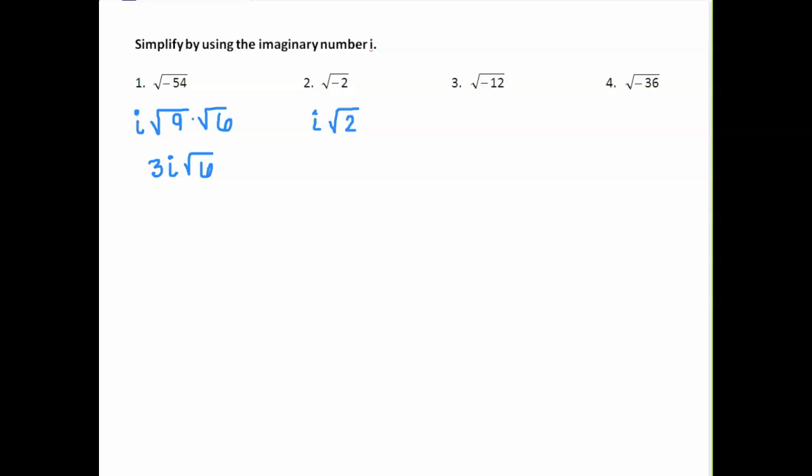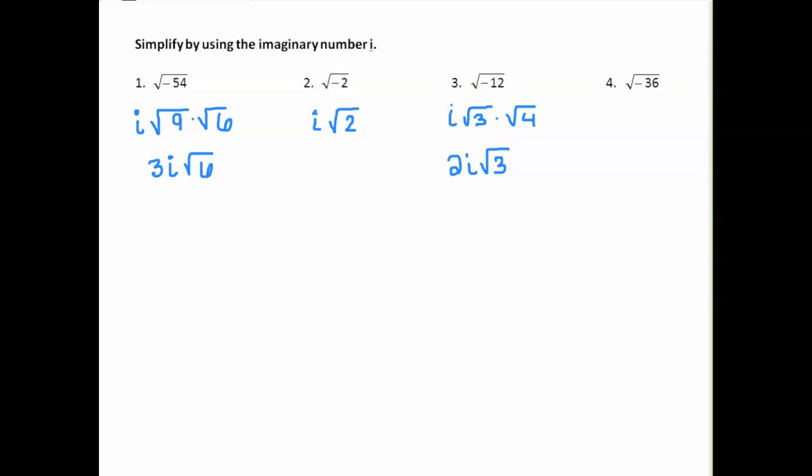You want to make sure you never leave a negative in your radical. 12, we know that 12 is the same as 3 times 4. So you'd get 2i square root of 3. And what you're going to start to notice is as we simplify more and more square roots, we get a lot of repeating numbers left behind.